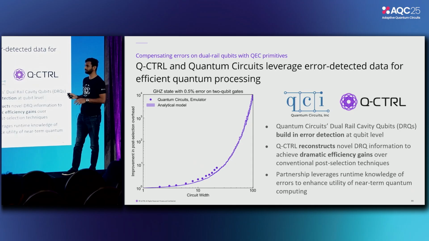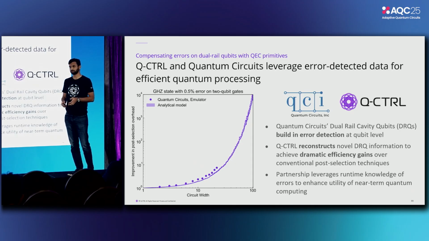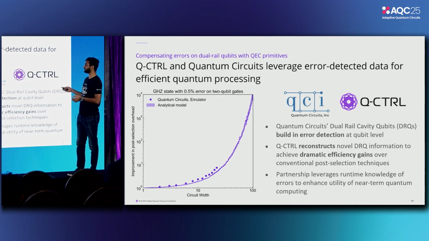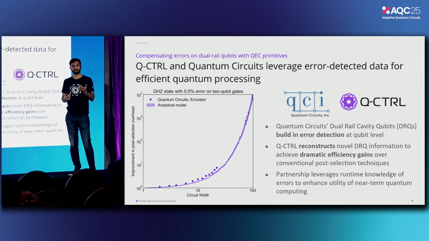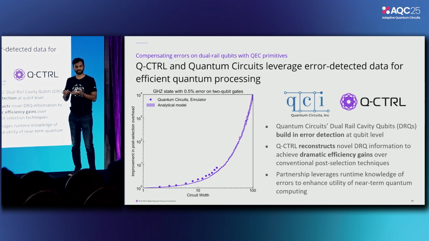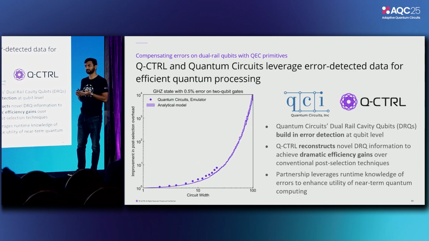Now, as a final teaser of what is coming up, we are using these QEC primitives. We're working with the quantum circuits team here. They have a very interesting system where they can detect, like there is a natural flag essentially, which is the erasure check. So the fact that they can do this detection, we can leverage that to get some very interesting benefits.